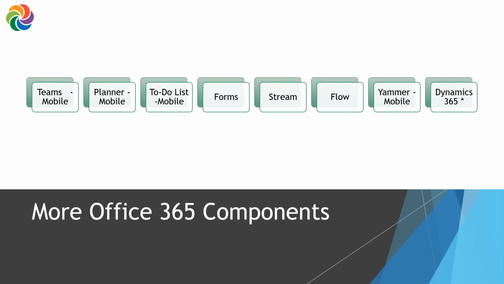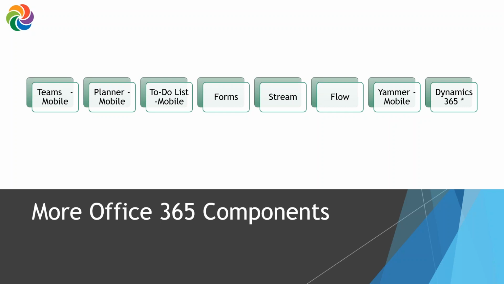So what will end up happening, for instance, is in Planner, if you are responsible for one of the tasks in a particular project plan, that task would automatically update over to your to-do list. If you had a task given to you in the Teams module, that task would come over to your to-do list.